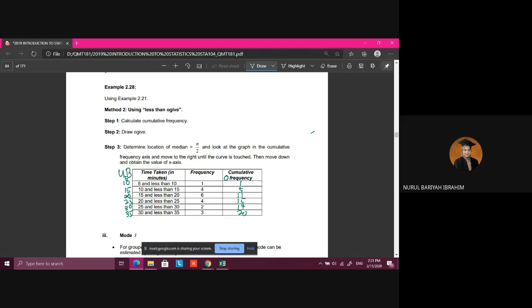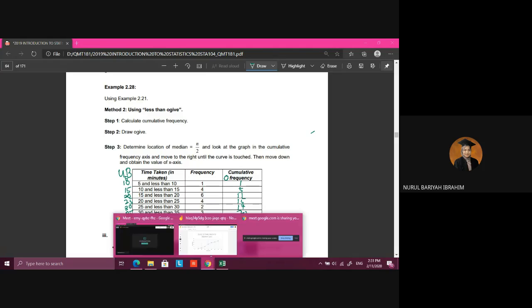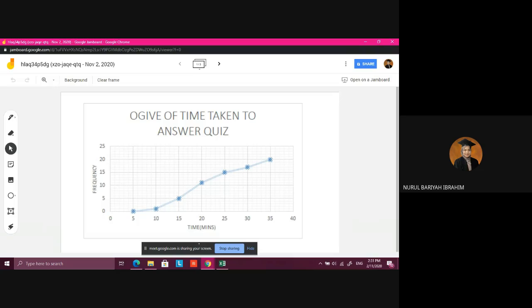We have the cumulative frequency. We need these two columns. Now draw the ogive, using the upper boundaries and the cumulative frequency. Okay, I have already drawn this one.